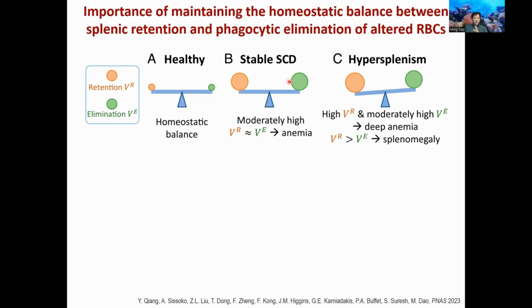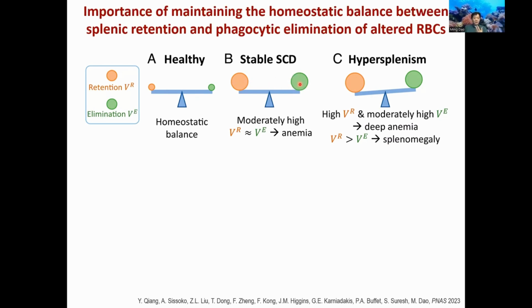Under stable sickle cell disease, we can see that more sickle cells will be retained faster. But these sickle cells can also be taken out quicker, adhered quicker, and eaten quicker.